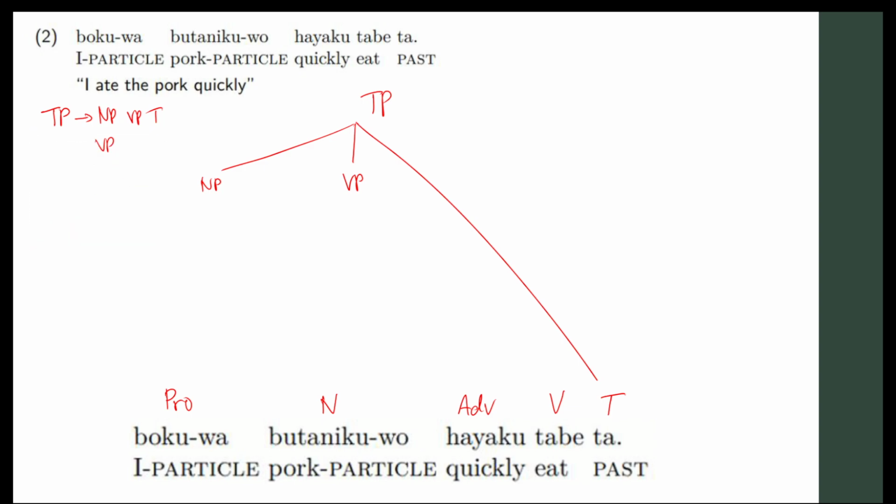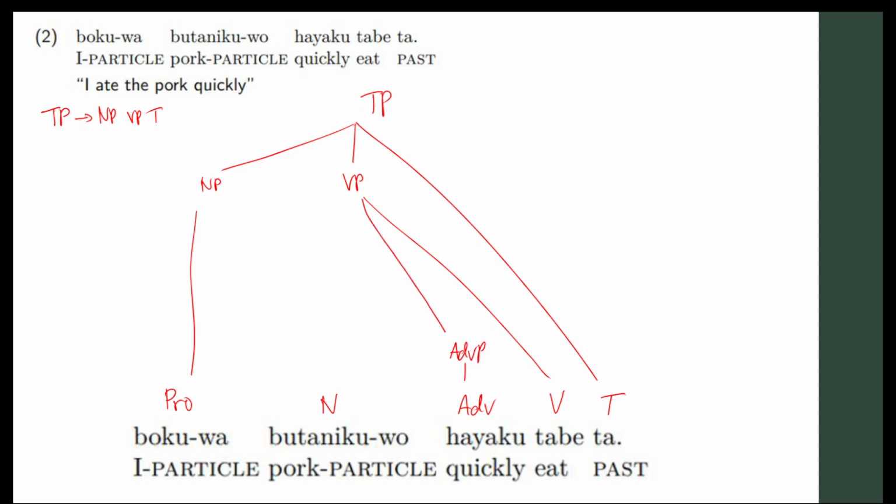So now inside, we might also find some differences. Well, let's just label things as we can. I is going to be the subject of the sentence, so pro will attach to NP. But now we have quickly eat pork. But in Japanese, it's pork quickly eat. So what we can do is, well, we can start by saying, okay, the VP is going to have to link up to the verb. What is the adverb phrase doing?